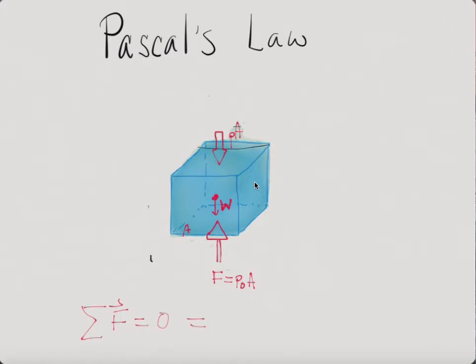So this implies that the net force, since we see all of our forces there, this equation is going to imply that the force on the bottom, and I'll just call this F0, is just going to be F0 minus PA minus the weight, and all of this is going to equal 0.